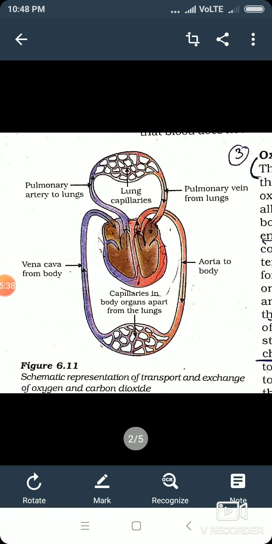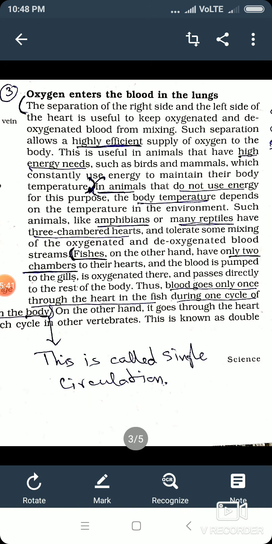Now the question arises, why is there a need for the separation of oxygenated and deoxygenated blood in animals like birds and mammals? And the answer is, the separation of the right side and the left side of the heart is useful to keep oxygenated and deoxygenated blood from mixing.